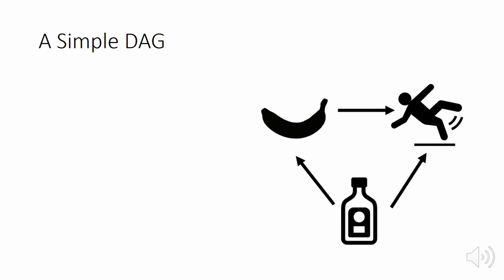So let's start out with a really simple DAG. We've got our causal model that we were working with before, we've got banana peel causing slipping, but what else is in there? Actually, what else is in this DAG that wasn't in one before? Okay, so what do you think that means?